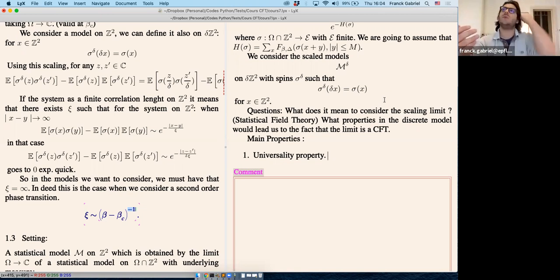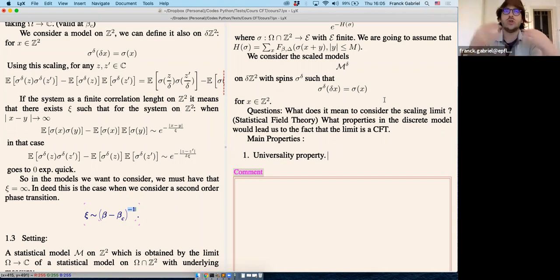Why did we take the square grid? The universality property tells you that the limiting object you could have gotten by taking any other kind of grid, as long as it's not a horrible grid. You can take a hexagonal grid or anything like that, or even map the square grid by a diffeomorphism, for example, and you get another grid.